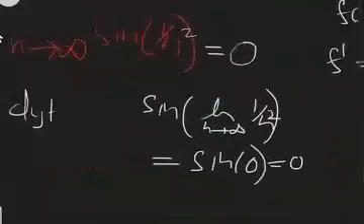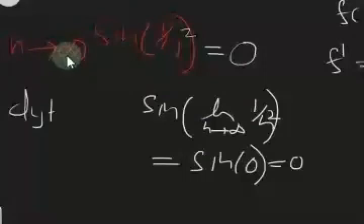Because the sine function is continuous, you can take the limit inside of sine. Then sine of 0 is 0, so the limit of this function is 0.